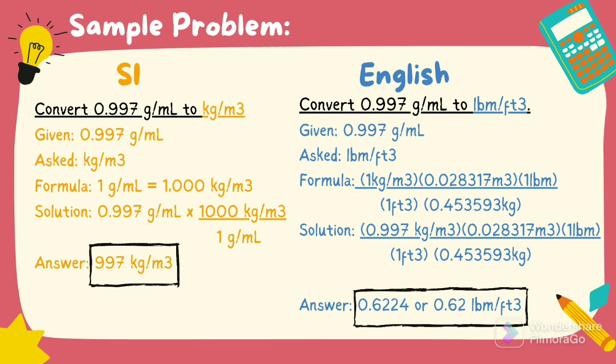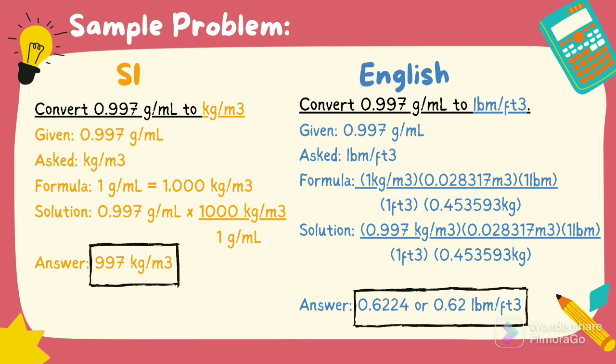So to solve this, we are just going to replace our given to the formula. So 0.997 kilogram per cubic meter times 0.028317 cubic meter times 1 pound mass divided by 1 cubic foot times 0.453593 kilogram. By solving this with our calculator, we will get the final answer 0.6224 or rounding it off to 0.62 pound mass per cubic foot.